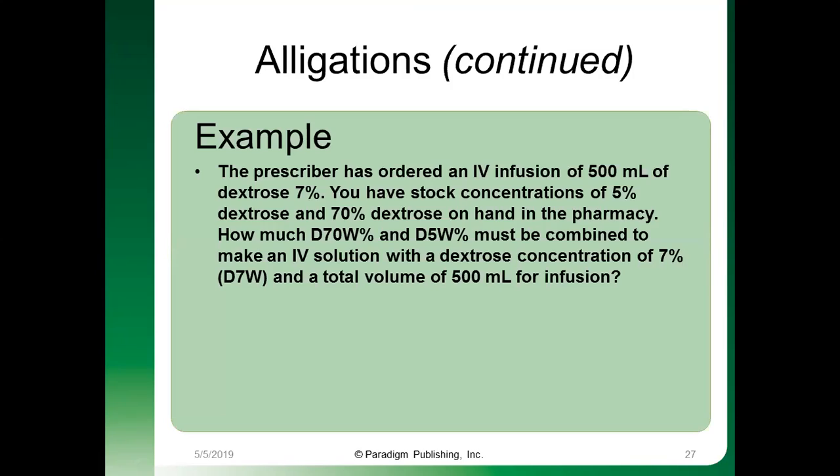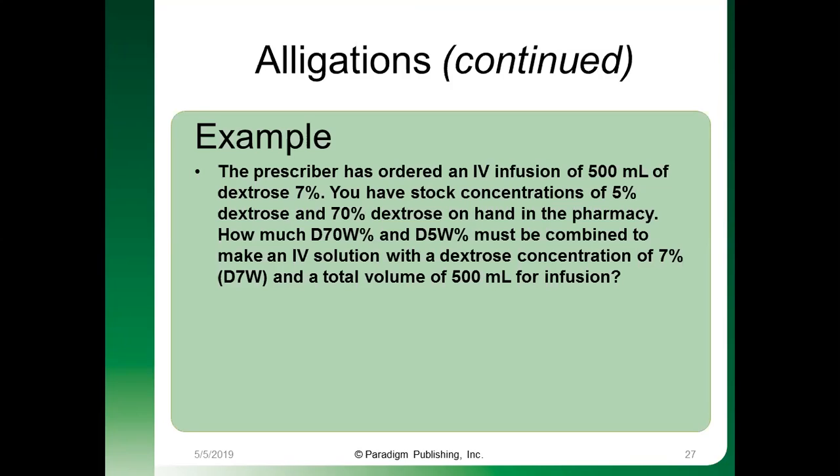So let's do an example. A prescriber has ordered an IV infusion of 500 mL of dextrose 7%. You have stock concentrations of 5% dextrose and 70% dextrose on hand in the pharmacy.